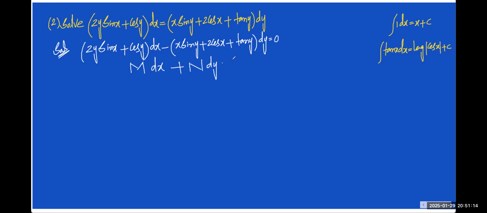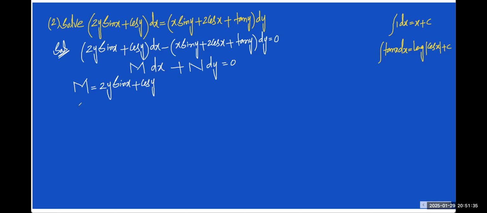Now can you tell me what m is? Come on, what is m now? Please reply, every student. 2y sin x plus cos y. Look at that. What we have to do is differentiate this value partially with respect to y.